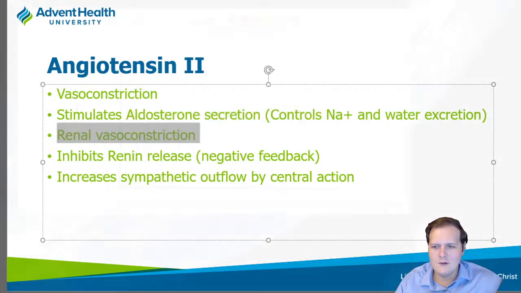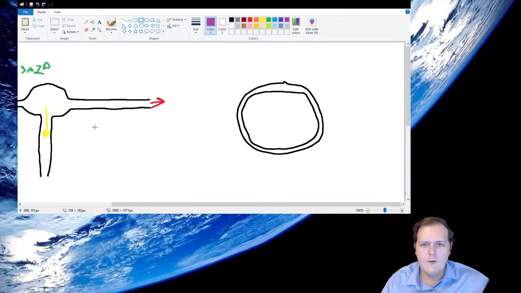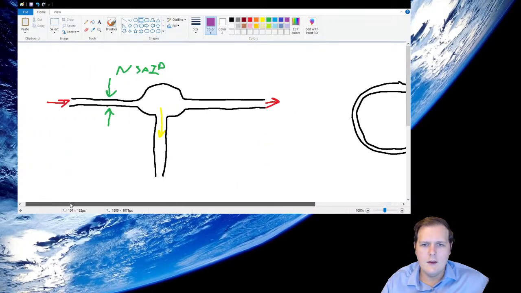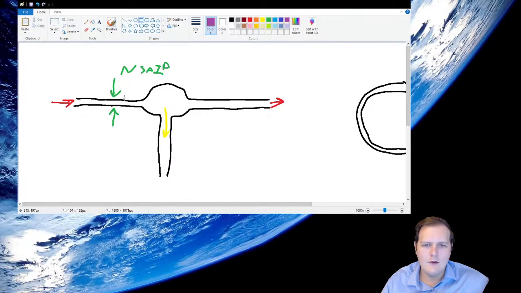So going back to our picture we were talking about before, if you go back to over here with the afferent arterioles coming into the glomerulus, the efferent arterioles, you actually are going to find the angiotensin 2. What we're going to find is that angiotensin 2 is going to be a potent vasoconstrictor here at the efferent arterioles, okay?